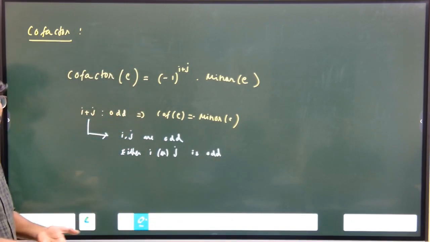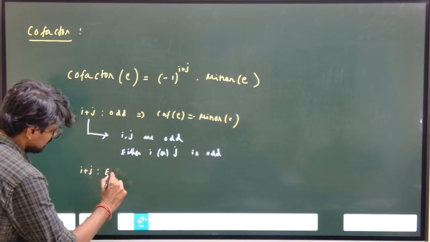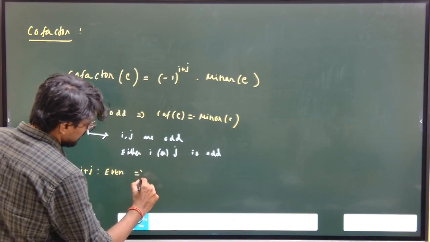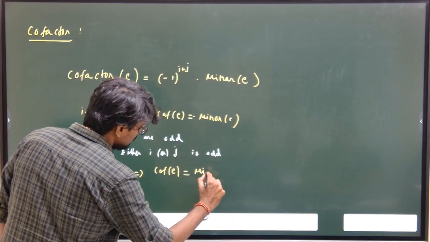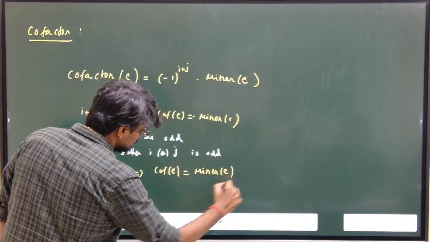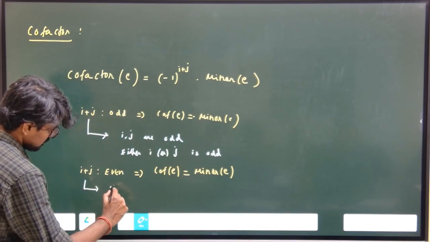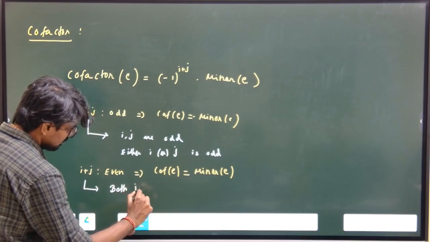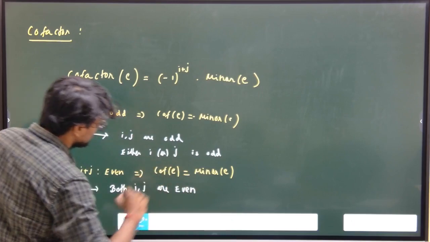If both are even, or both are odd, then i plus j is even, and the cofactor will be equal to the minor.